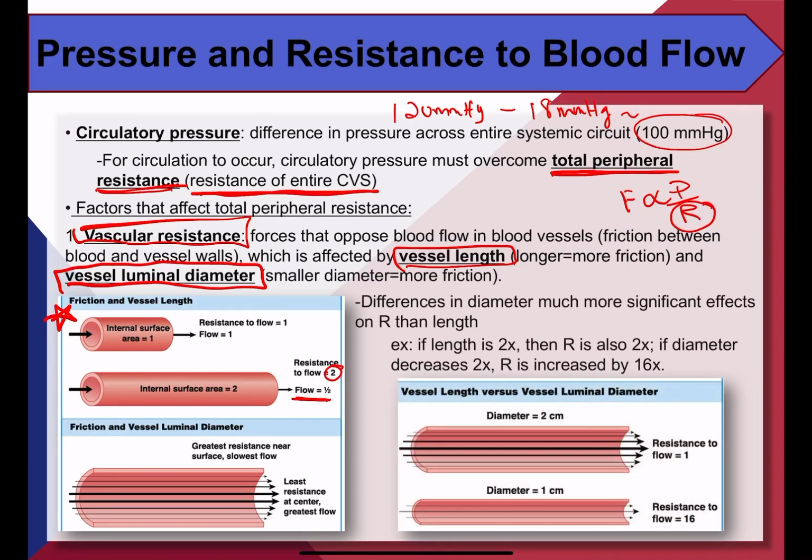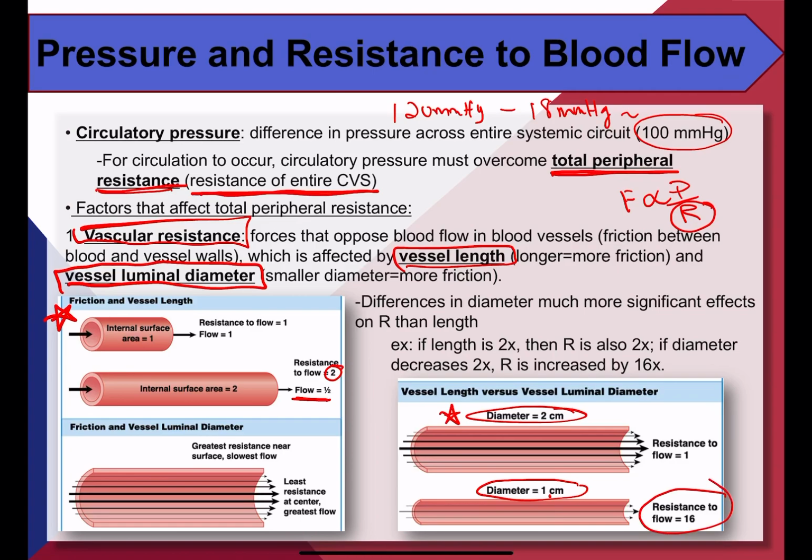On the other hand, if we talk about diameter changes, if the luminal diameter of blood vessel was halved, so let's say this is a diameter of 2 centimeters to begin with, and then you halve it to 1 centimeter in this diagram here. So the resistance to blood flow actually becomes 16 times as much as the original.